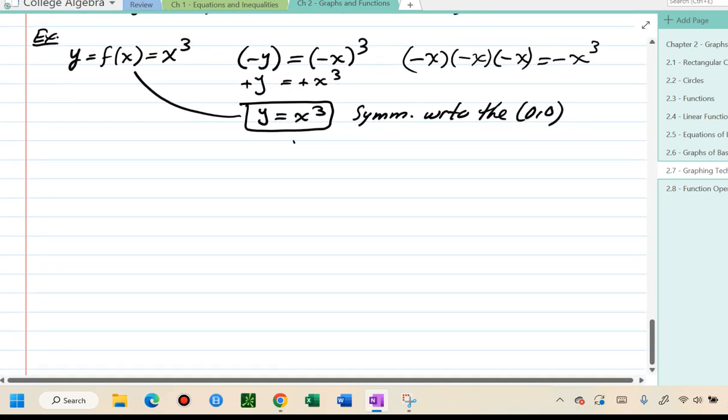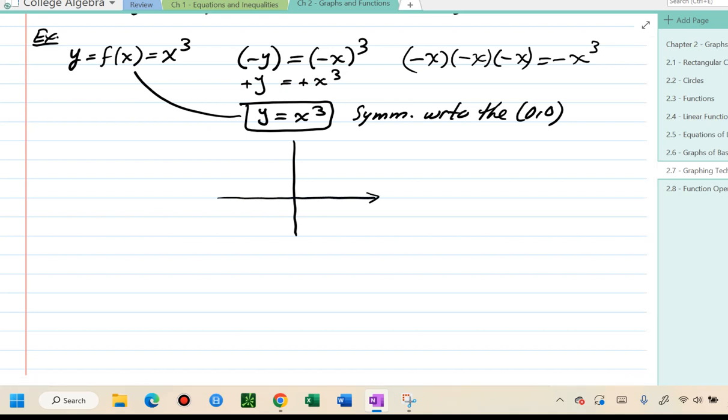We've already seen the graph of this in our previous lecture. In the previous section, the graph looks like so. That's our cubing function. Now here's the idea behind this work.